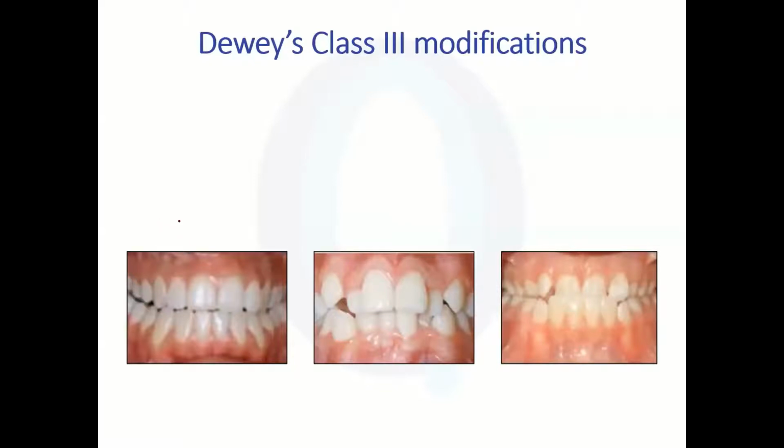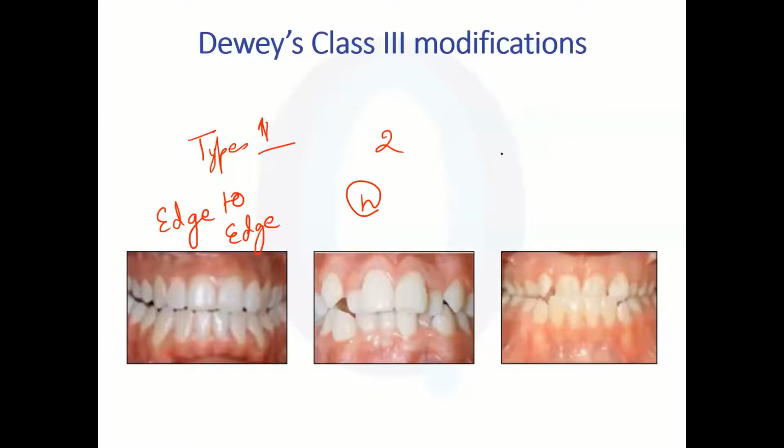Okay. Next is Deviousmodification. Devious modified class 1, and he also modified class 3. Now the first is edge to edge. This is given wrongly in some books, so just clarify it. These are types. Type 1 is edge to edge. Type 2 is normal incisal relationship. Type 3 is mandibular incisors are ahead.